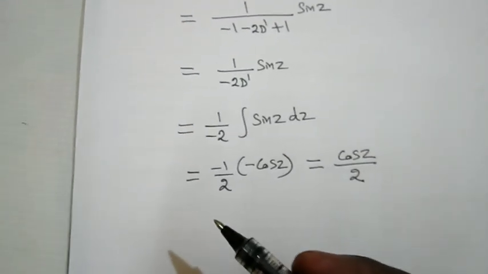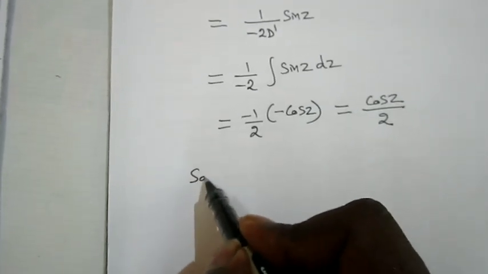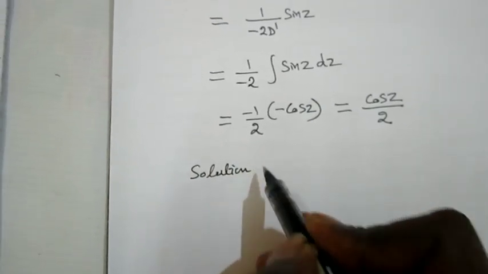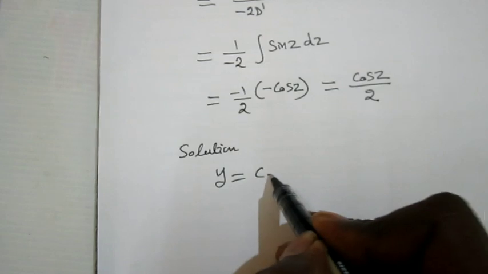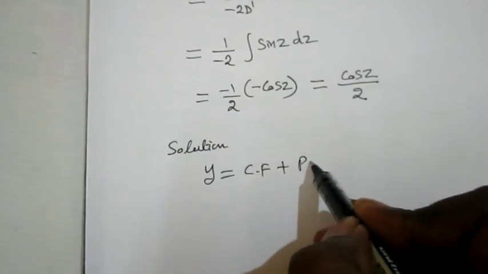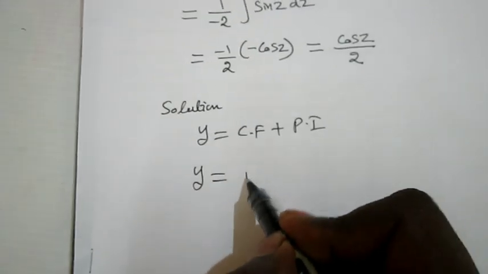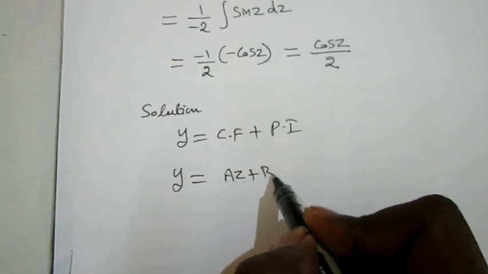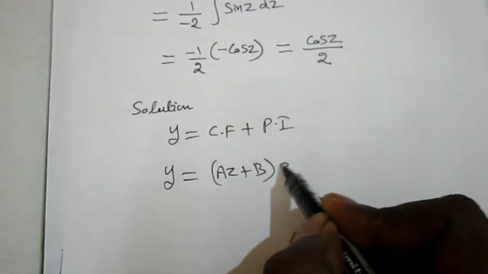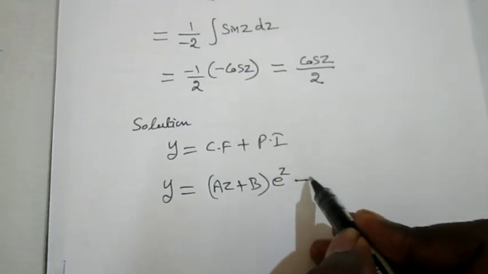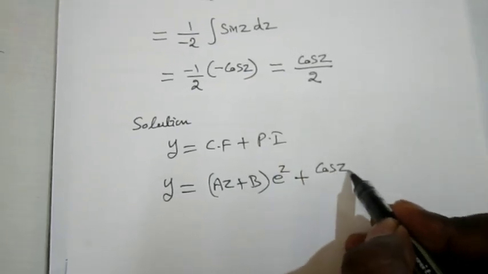So we found the particular integral. The solution is y equal to CF plus PI. So y is equal to, what is CF? (Az + B) e^z plus the particular integral cos z / 2.